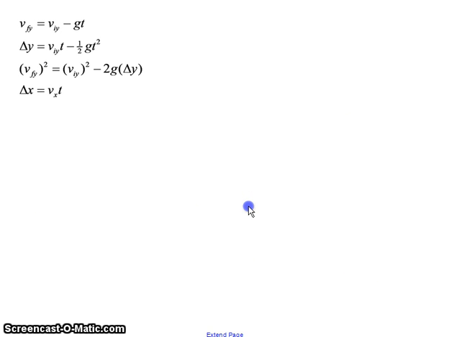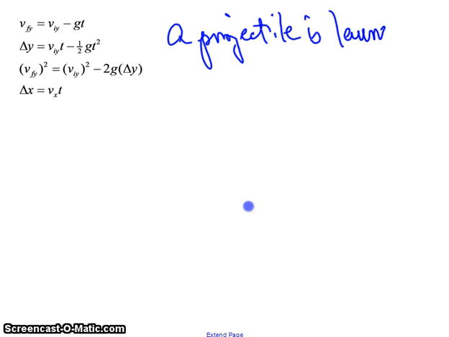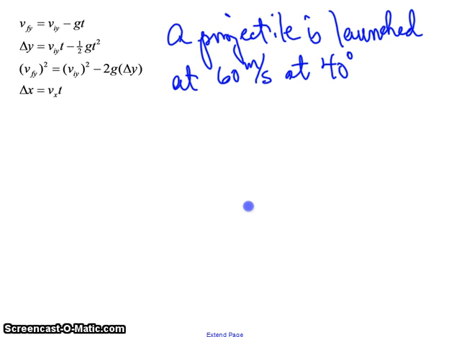So let's see what we have. Let's say a projectile is launched at, let's say, 60 meters per second at 40 degrees.